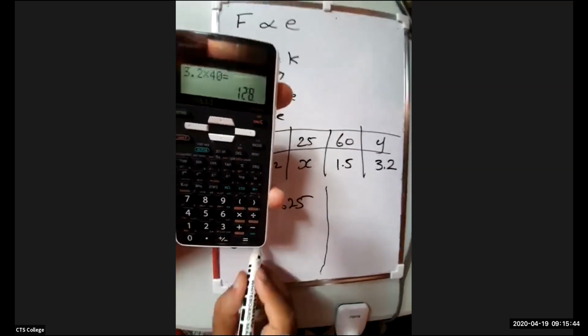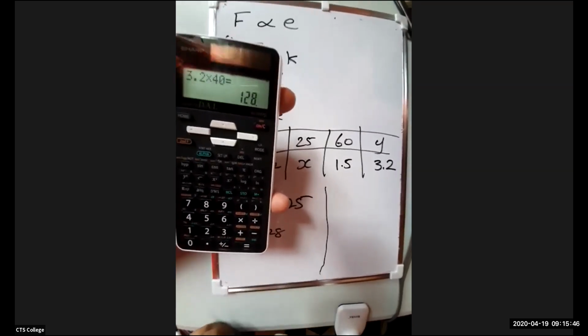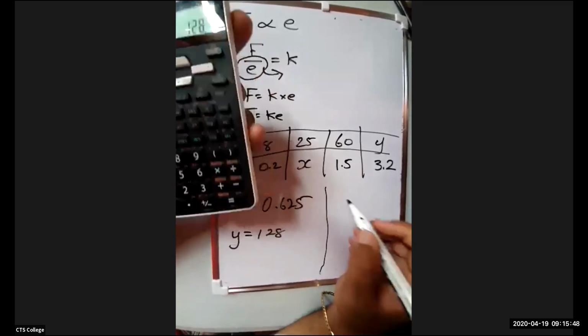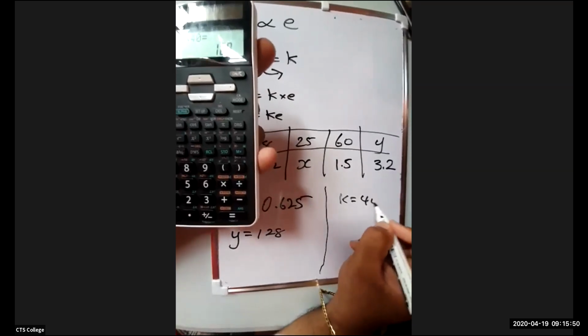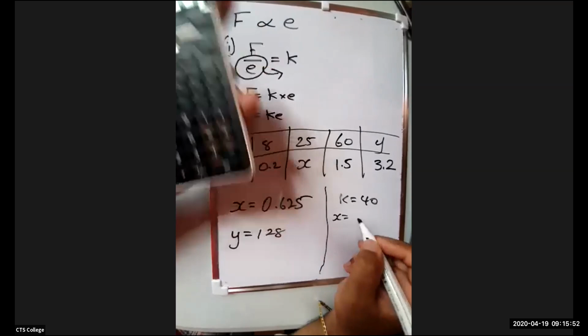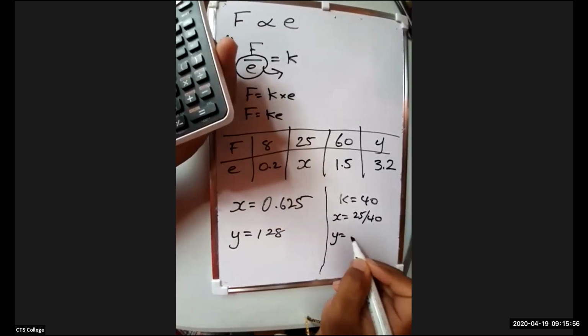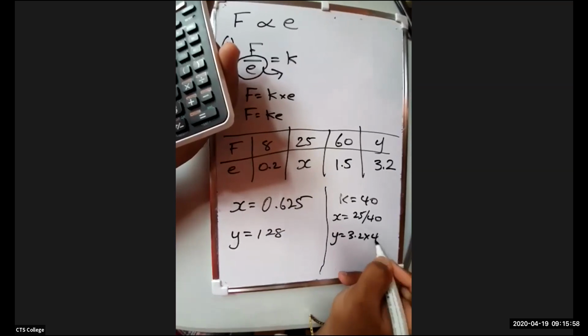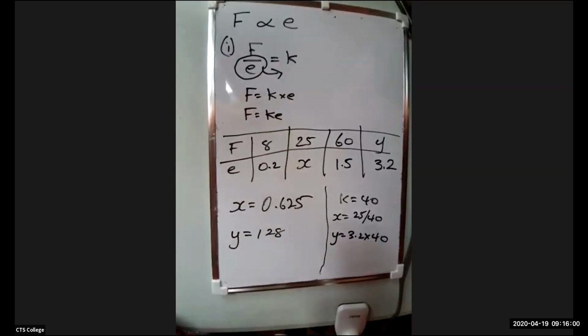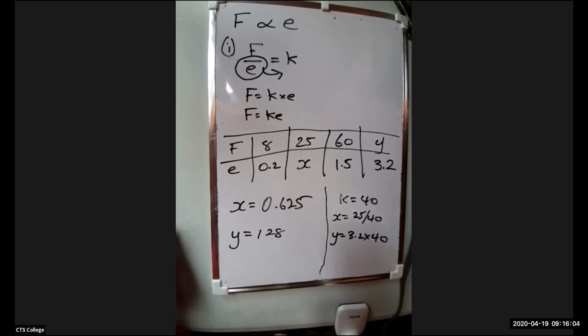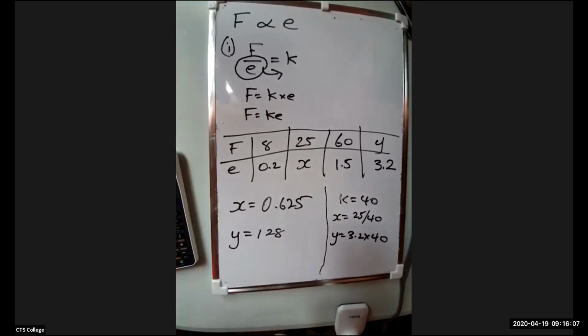And we will get 128. So all we have to say is K is equal to 40. For X, it is equal to 25 divided by 40. And for Y, it is 3.2 multiplied by 40. And that's all we're looking for. That would have given us 3 marks. Of course, you could have done it differently, but this to me is a very easy way to do it.